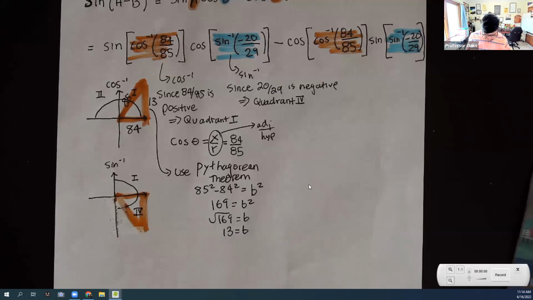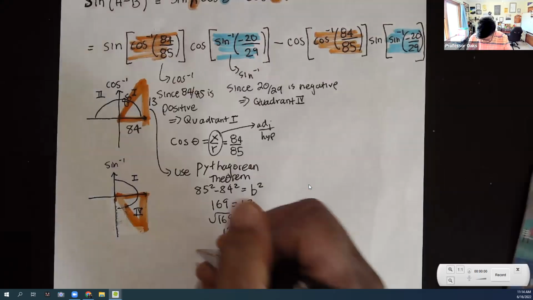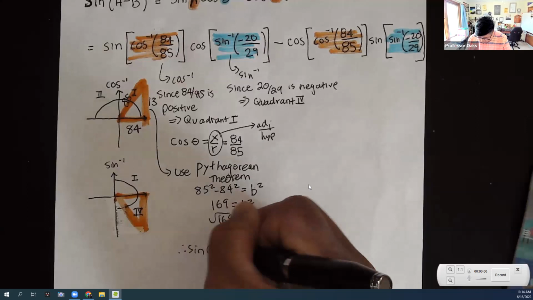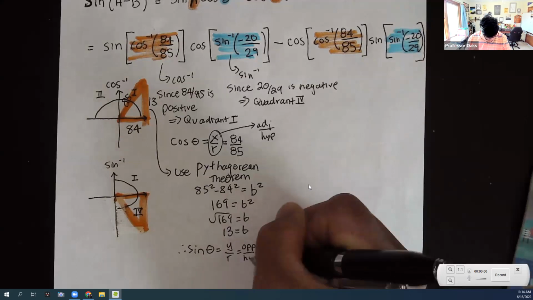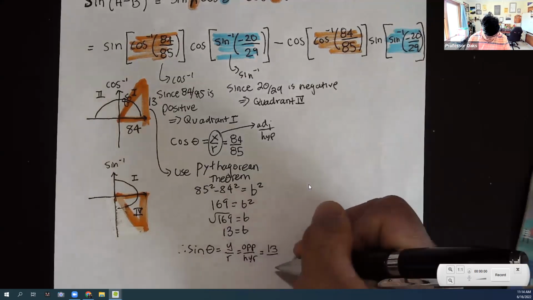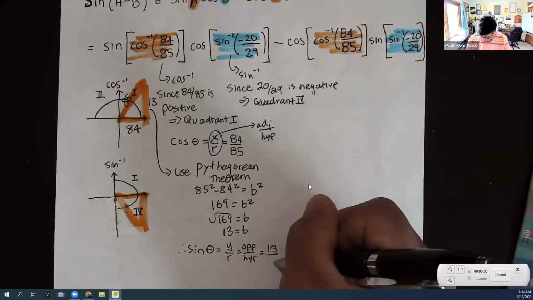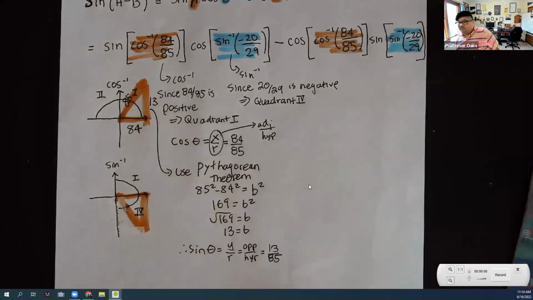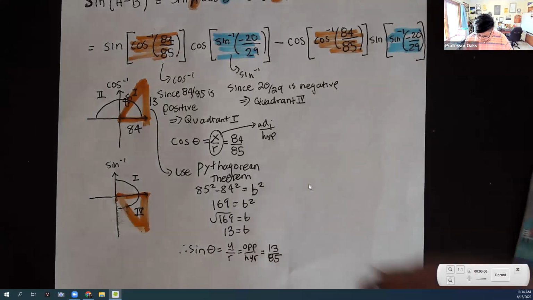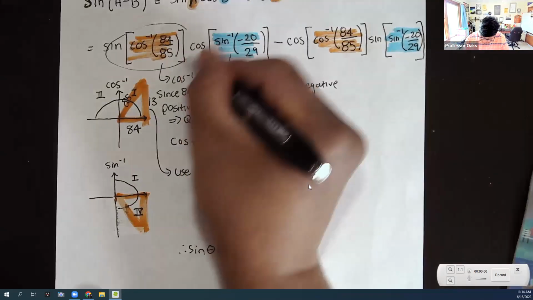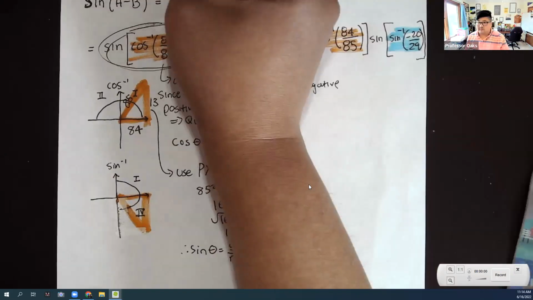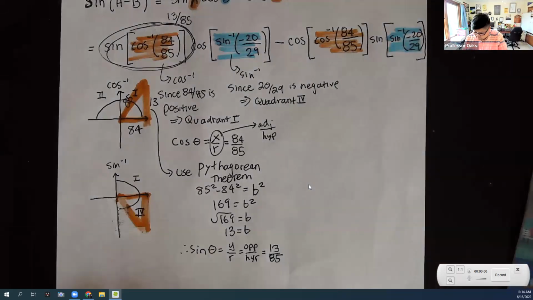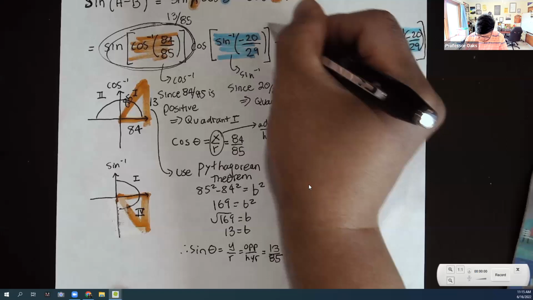So the sine of that angle will be y over r, or opposite over hypotenuse. So 13 over 85. So all I know now is that this whole thing now is 13 over 85. That's what I just found. All right, and now I need to find this whole thing now.